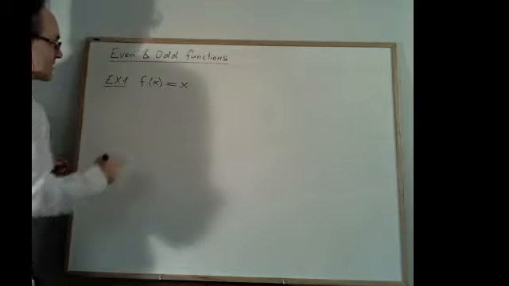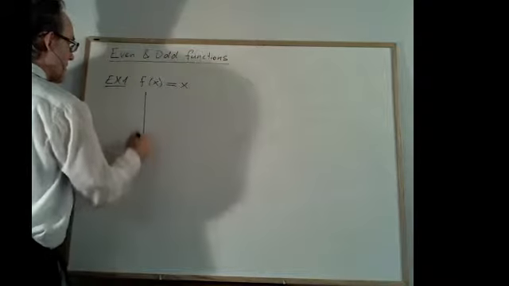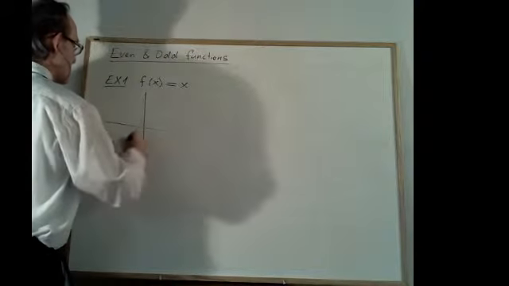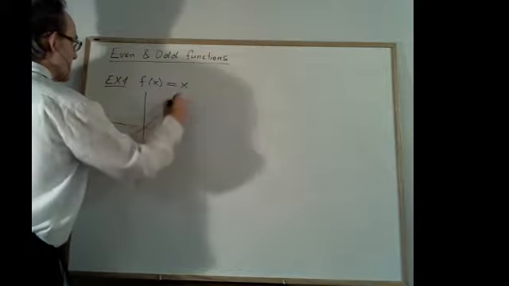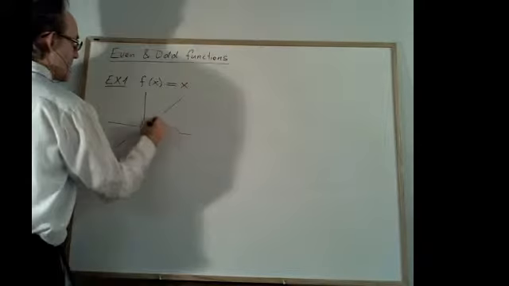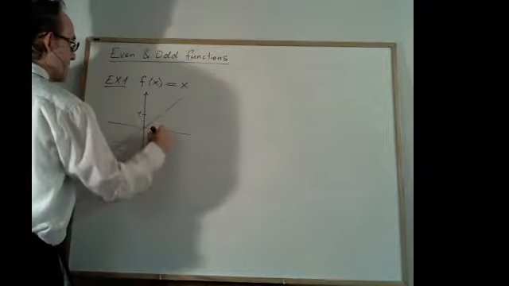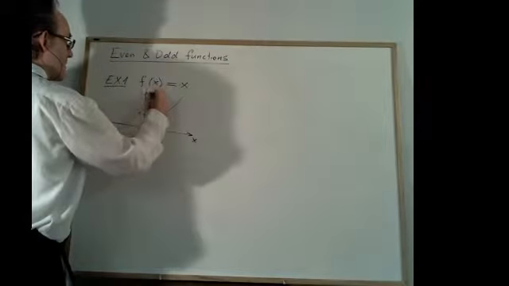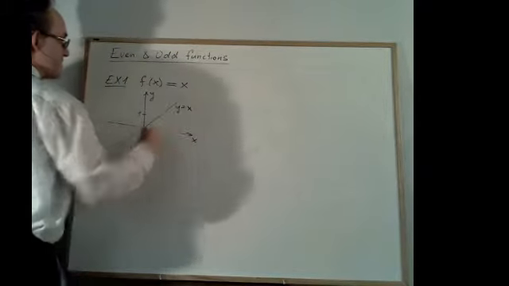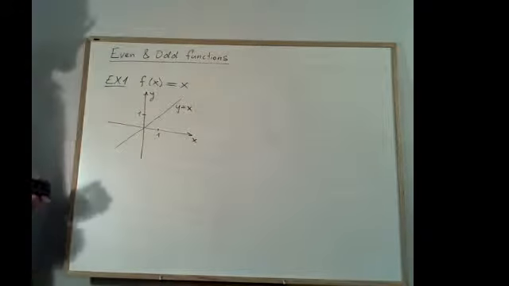Is that even or odd or neither? Okay, well the graph looks like this. It's 1, 1. That's y equals x. Okay, so is that even or odd? Or neither?